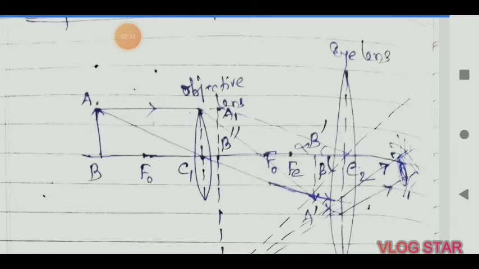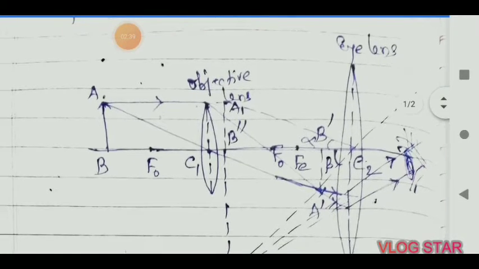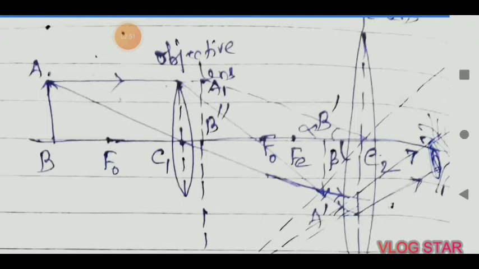Its focal length is FE, C2 FE is its focal length. So image will be formed virtual, erect, on the same side of the object. So you see that A double dash B double dash is the image formed of the object A dash B dash.